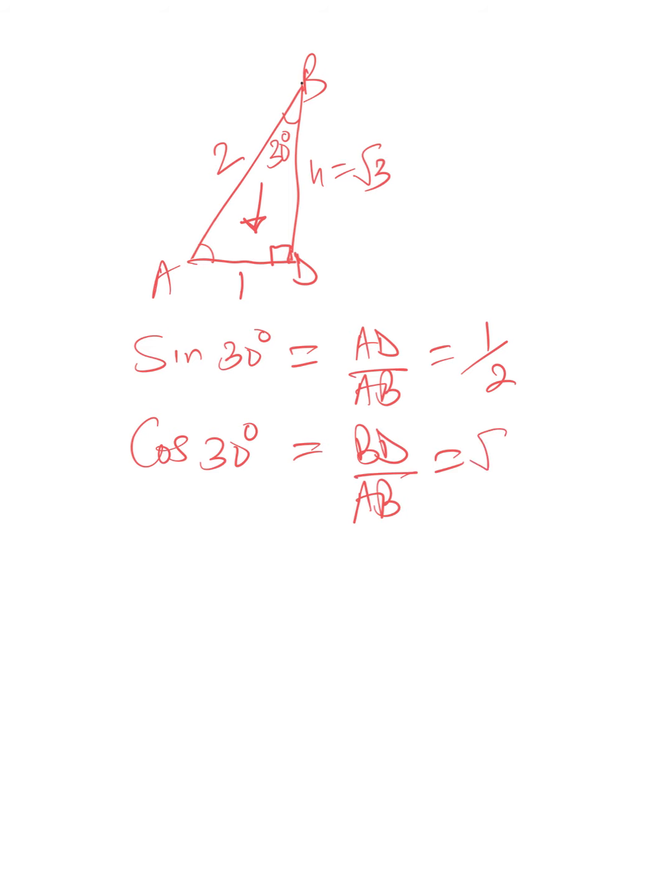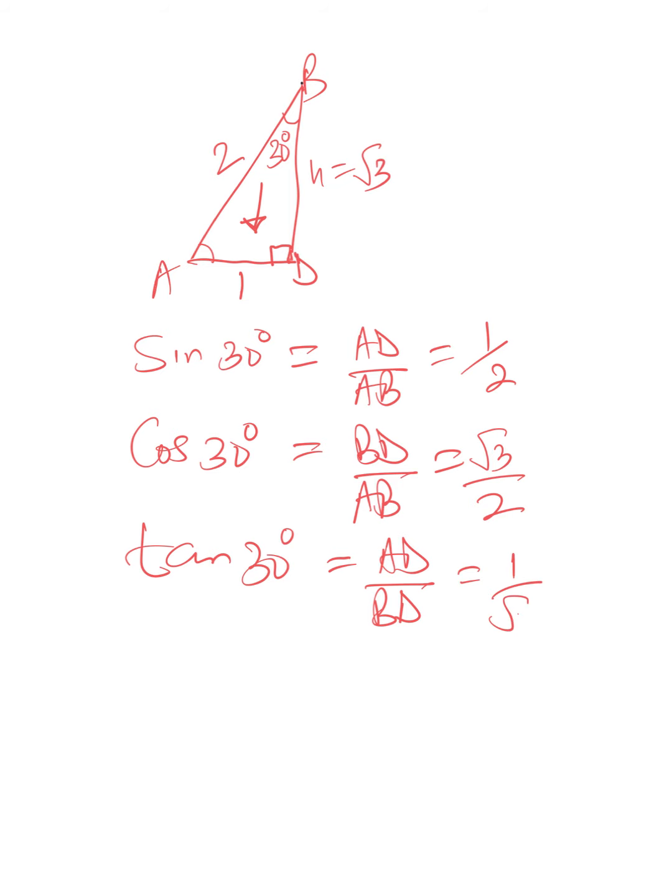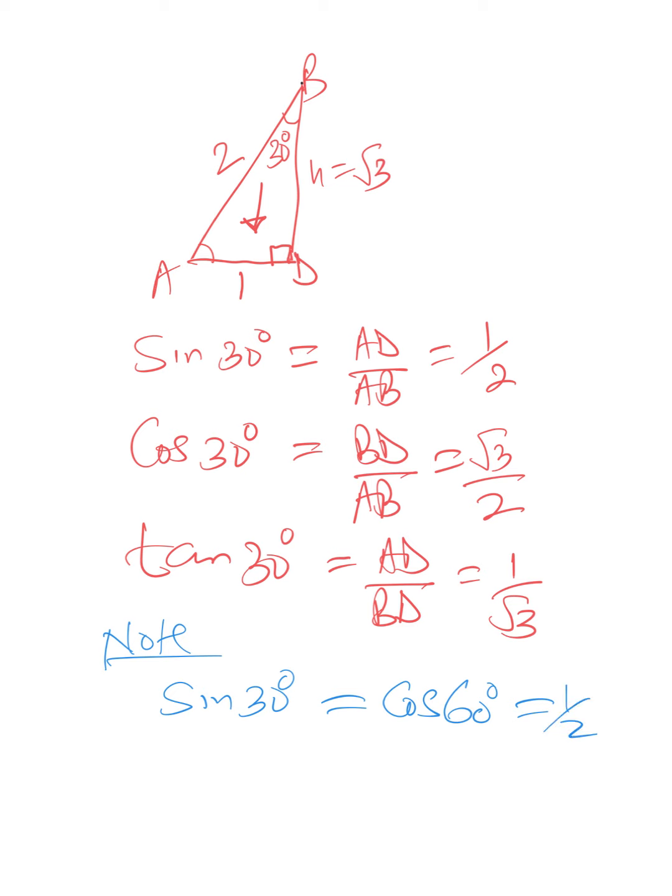Then the tangent of 30 degrees is opposite out of adjacent, and this is going to be 1 out of root 3. So we have the ratios of 30 degrees and the ratios of 60 degrees. Something interesting is that the sine of 30 degrees equals the cosine of 60 degrees, which equals a half.